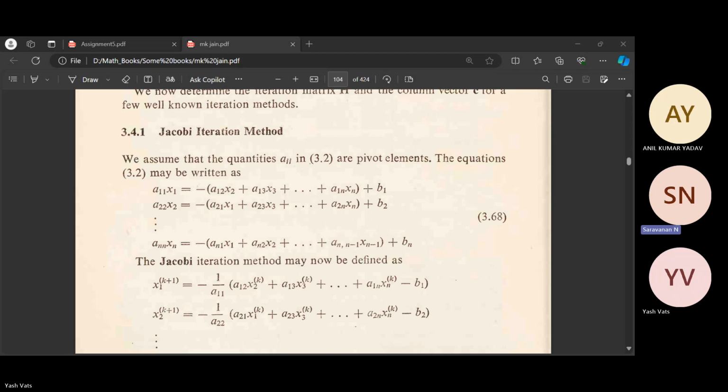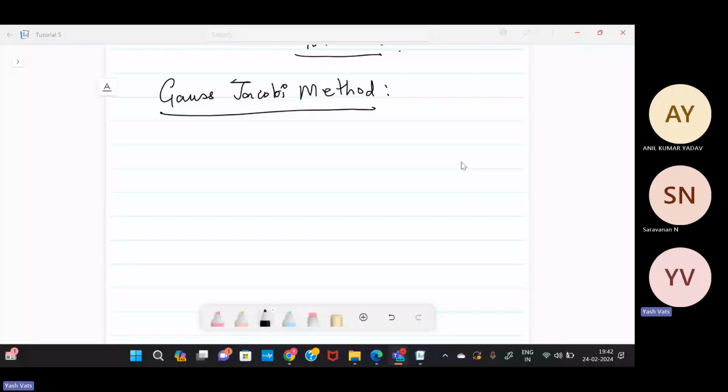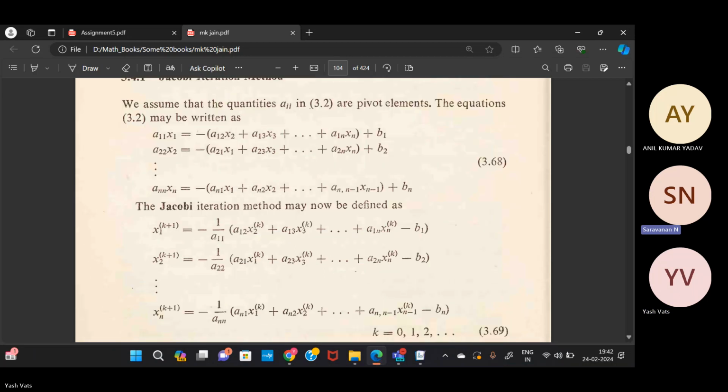No, not visible, only the other screen, the PDF files. Okay, wait, I will share the screen. Now yes, it is visible. Both we are seeing.